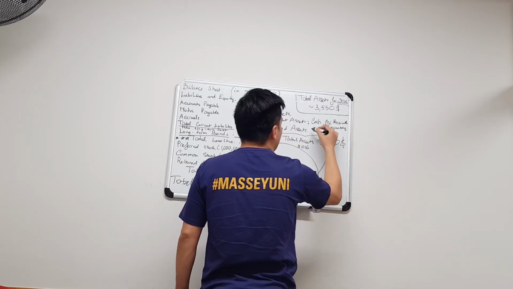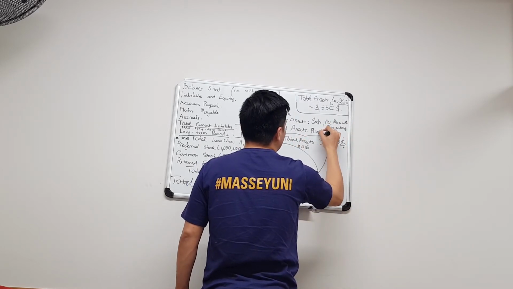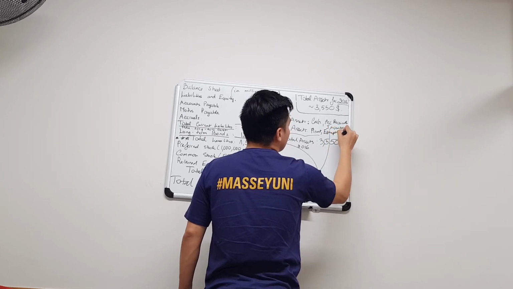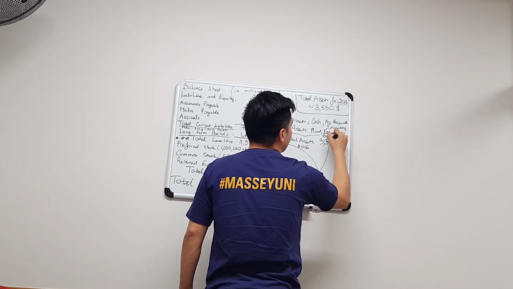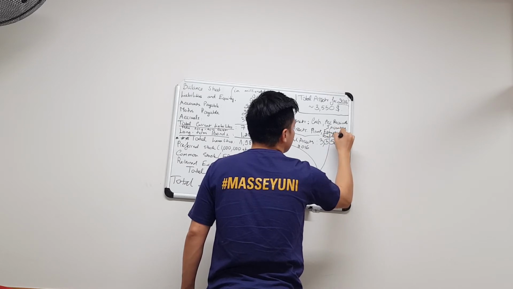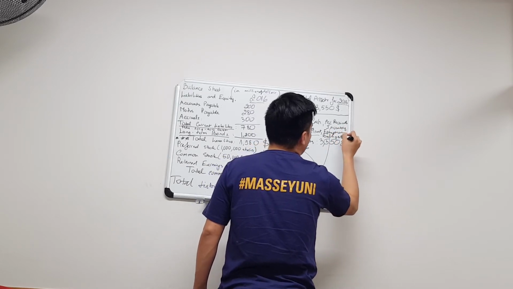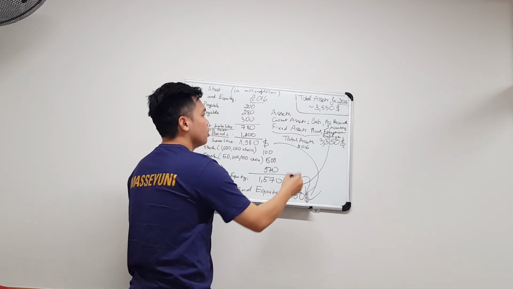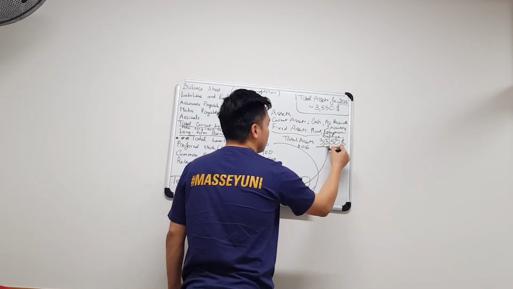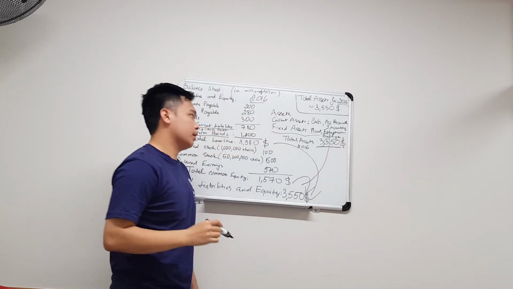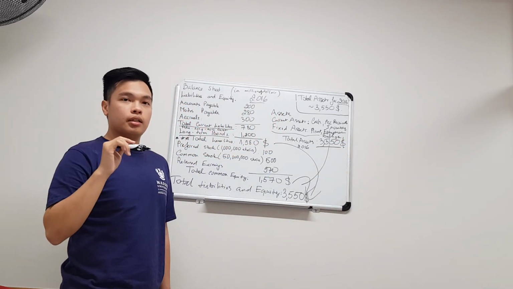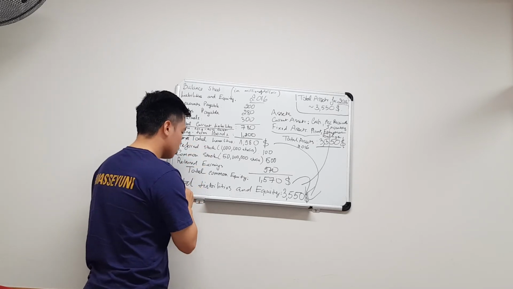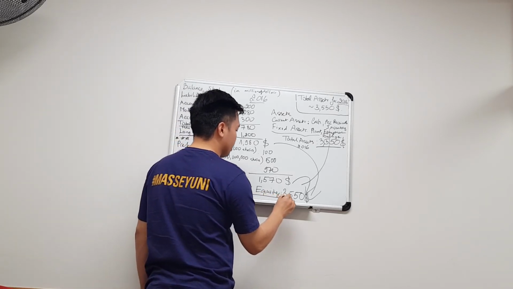In fixed assets, we have plant, equipment, building. These are our long-term assets. We calculate total assets here, 3,550, exactly the same as total liability and equity.